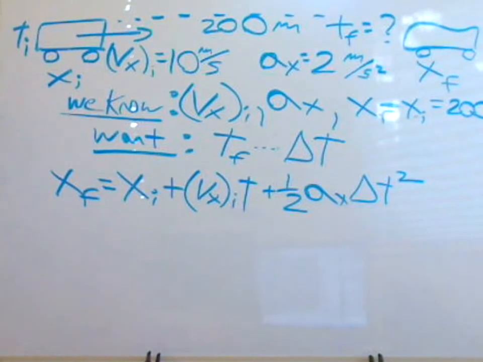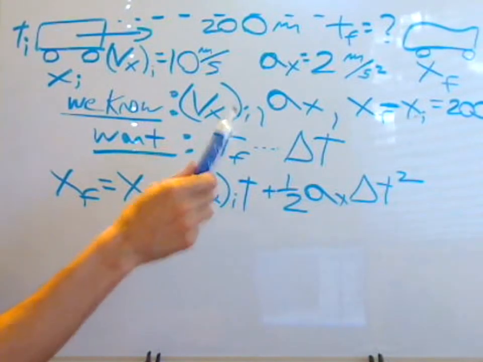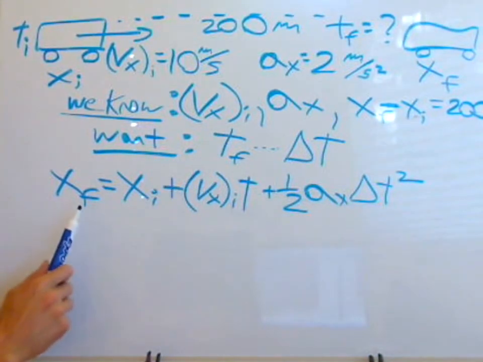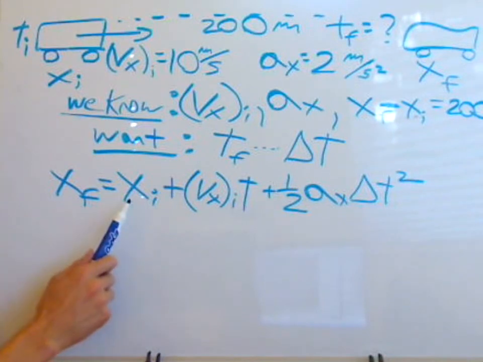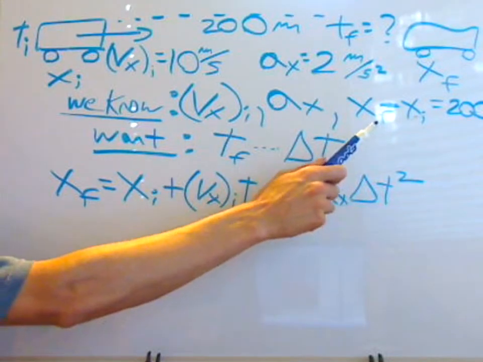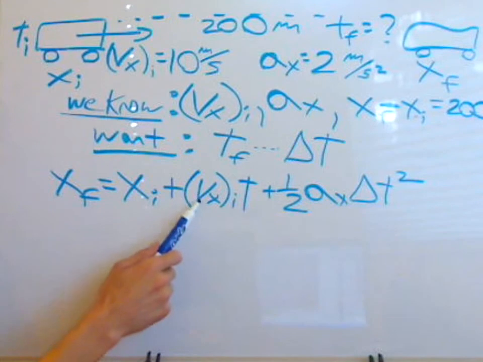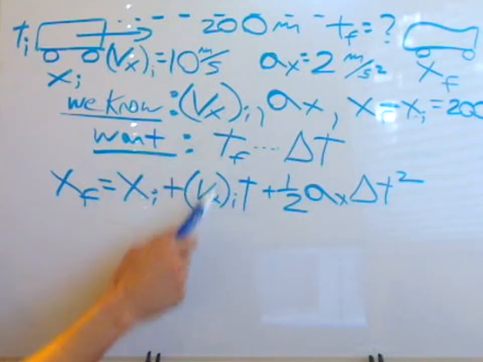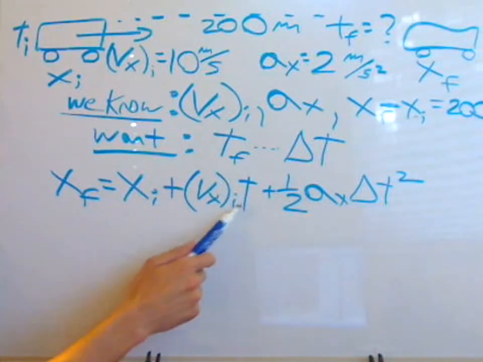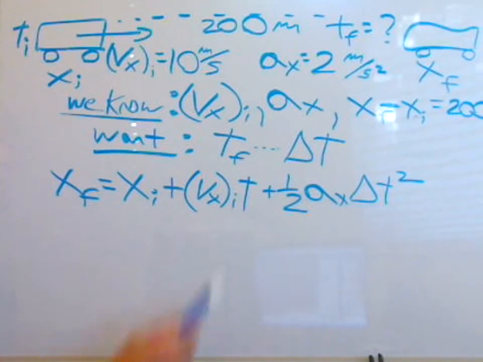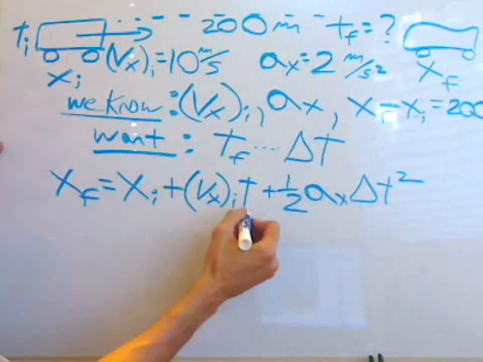That's the equation that best fits this set of variables. We have the final and initial position, the initial velocity, and the time, which is what we want to find.